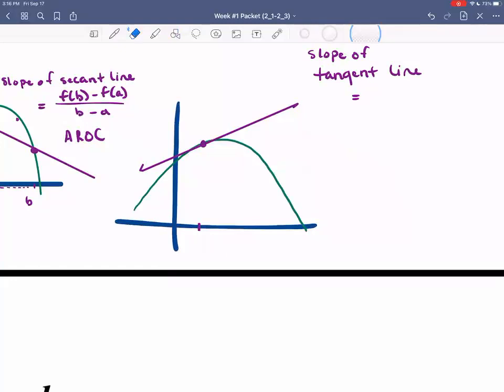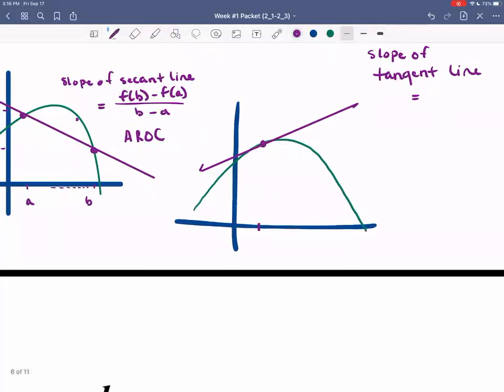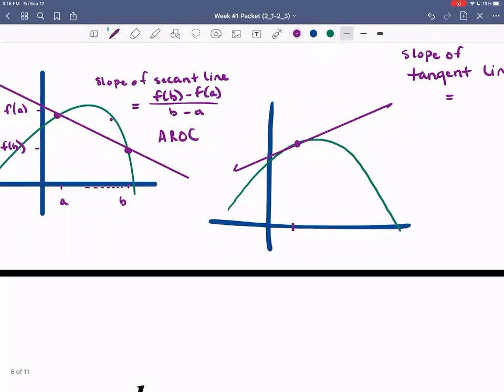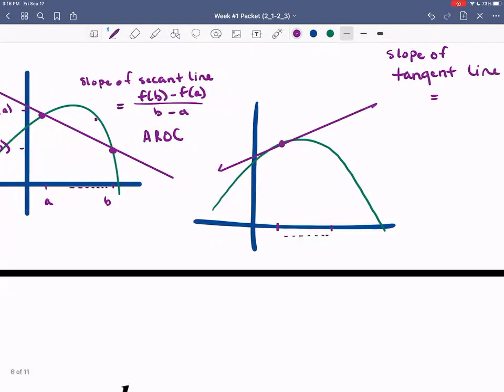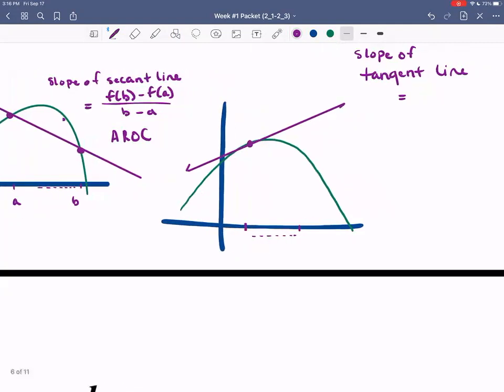Well, one method, similar to computing this average rate of change, is to compute an average rate of change, but have the interval over which we're computing it shrink so small that we only compute the rate of change at an instant. So conventionally, let x be the point that we want to focus our tangent line above, and we can call the size of that interval x plus some amount h.